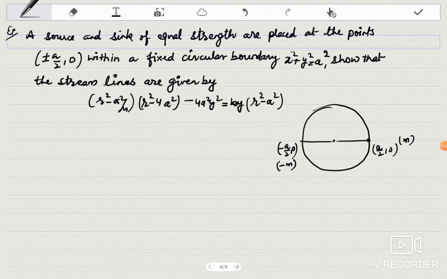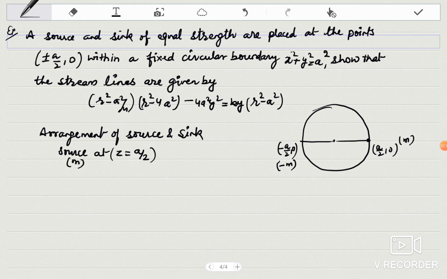So first of all, our arrangement of source and sink is: source at z is equal to a by 2, of strength m, and sink at z is equal to minus a by 2, same strength.